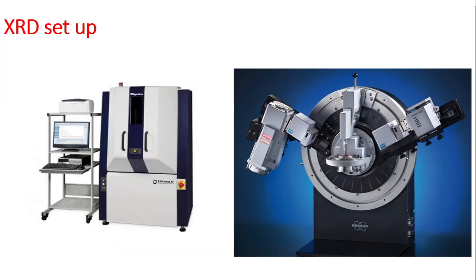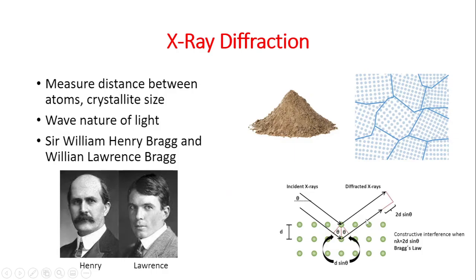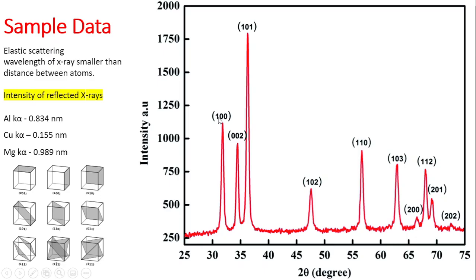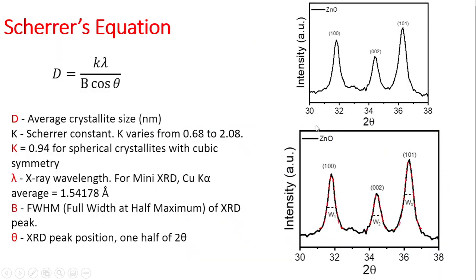To remind you what crystallite size is, as I mentioned in my first slide, you have atoms arranged in a specific orientation, and these can vary depending on the crystallites that they are present in. So each of these blue borders is a crystallite. Using Scherrer's equation, you can determine the average size of these crystallites.